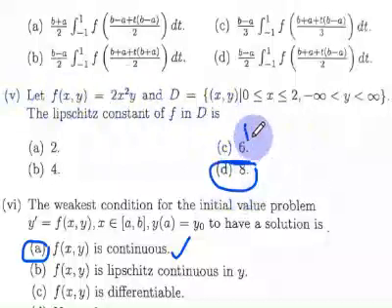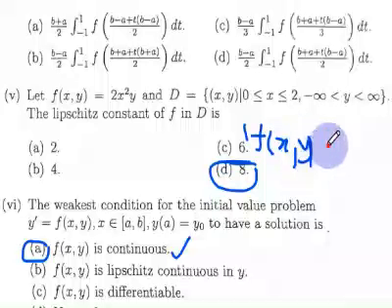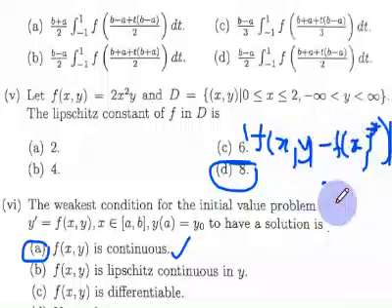You can use the definition, right? Take 2 points on the domain and show that the modulus of f of x comma y minus f of x comma y star is less than or equal to a constant times the modulus of y minus y star.